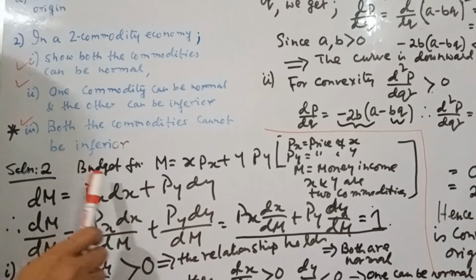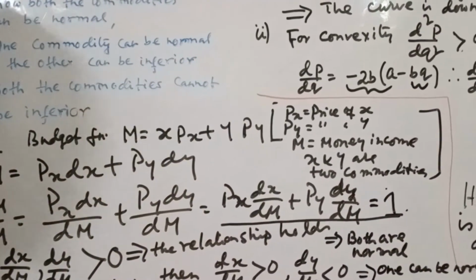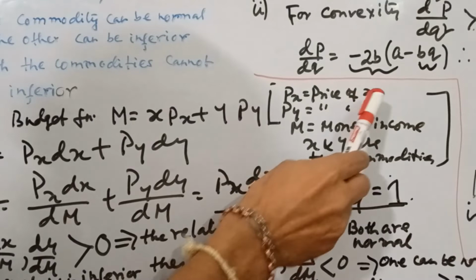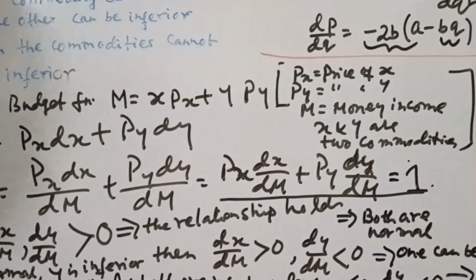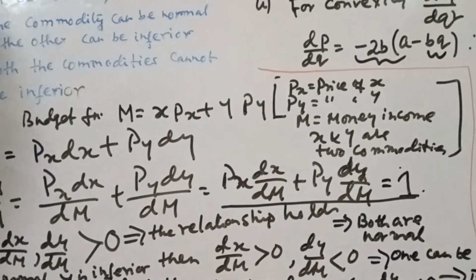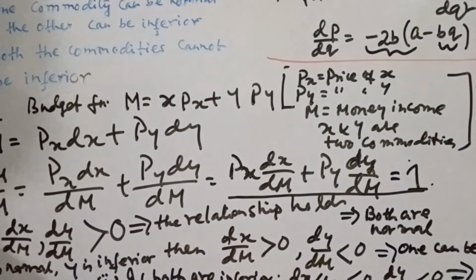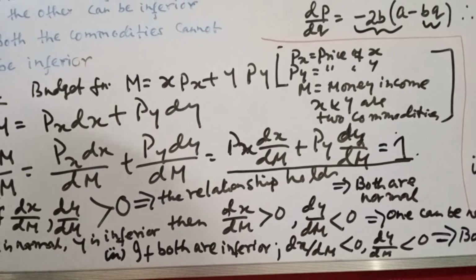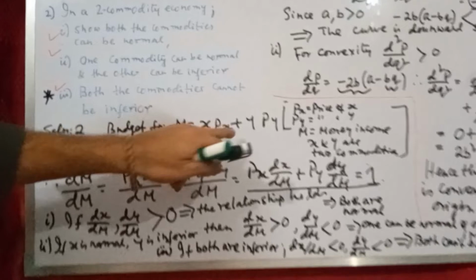This is the budget function m equals x px plus y py, where px is price of x, py is price of y, m is money income, and the consumer is consuming two commodities x and y in a two commodity economy. So dm equals px dx plus py dy.